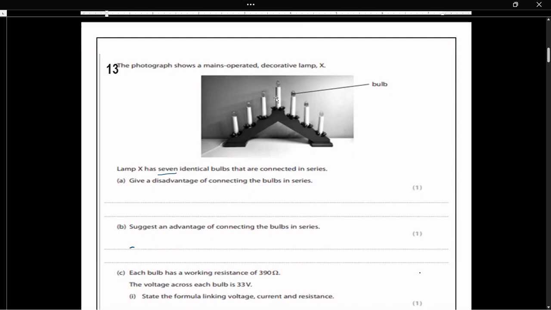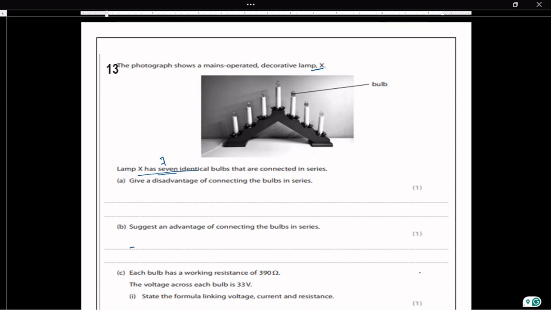So it says that there is a lamp X which has 7 identical bulbs. The question is, give a disadvantage of connecting the bulbs in series. You have studied that if the components are connected in series, the disadvantage is that if any one of the components fails to work, all others will stop working.